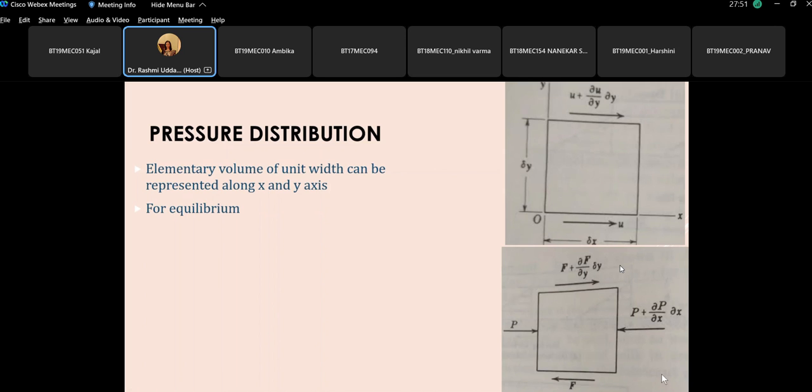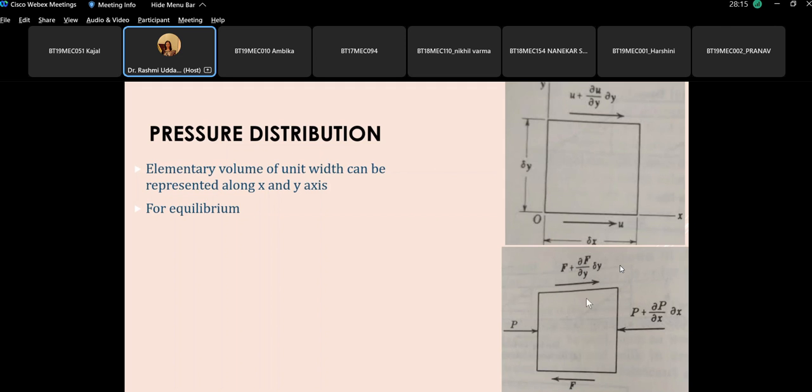If we talk about the shearing force, as I told you, the friction plays a role within the oil film. There is no metal to metal contact. So there is a shearing of oil film, and the shearing always takes place in this fashion: if the shear force here is acting in the minus x direction, the shear force here is acting in the plus x direction.